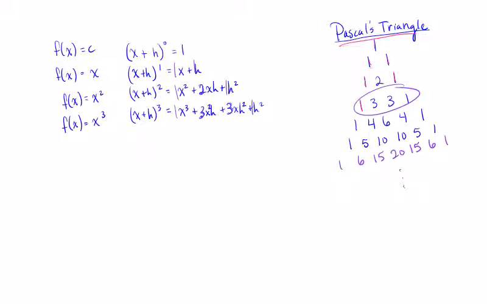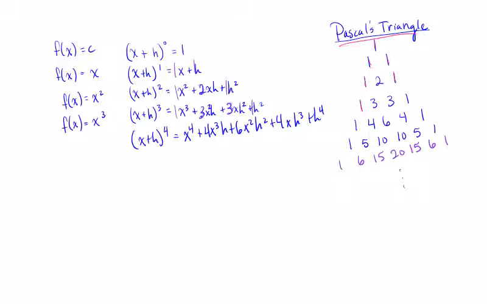So if we multiplied this by another x plus h, what we would get, as you might imagine by the pattern, is 1x to the 4th plus 4x cubed h, and then 6x squared h squared, then 4 again, x h cubed, and then we would get a 1 at the end with the h to the 4th.